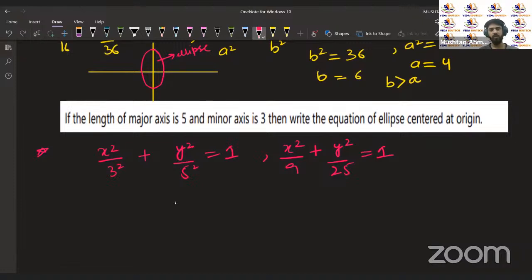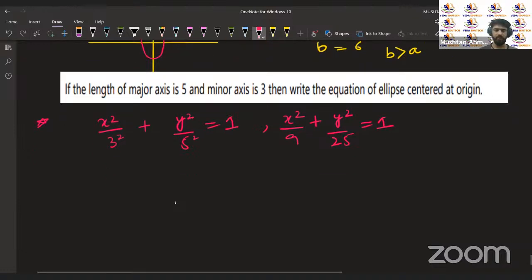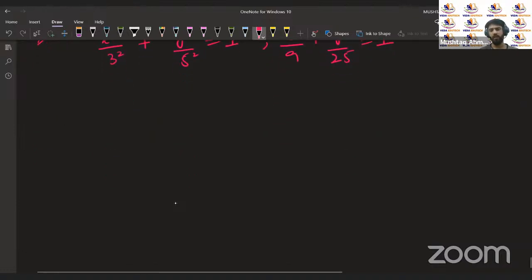So this is the equation we need to remember: x square upon a square plus y square upon b square equal to 1. If this is the form of equation we get anywhere, we can clearly conclude that it represents an ellipse centered at origin, where a and b can be the semi-minor or semi-major axis.